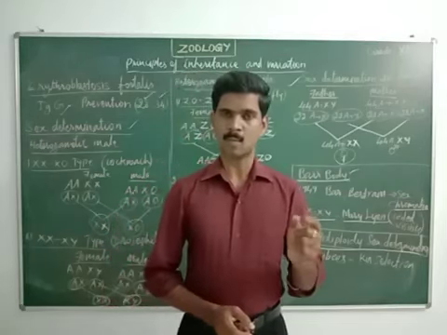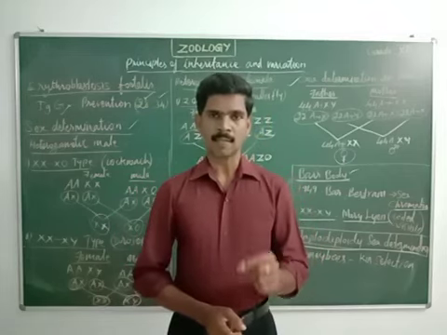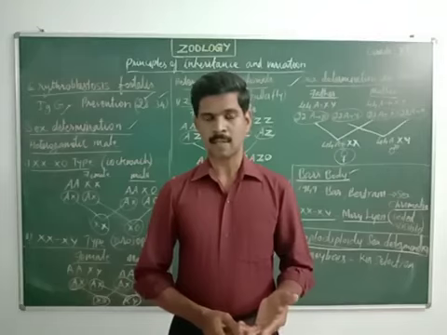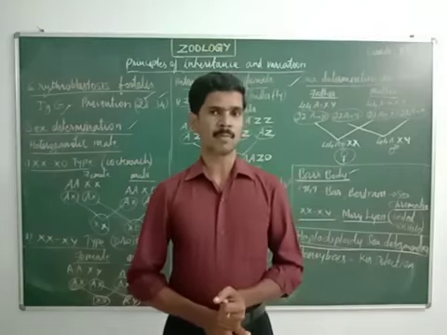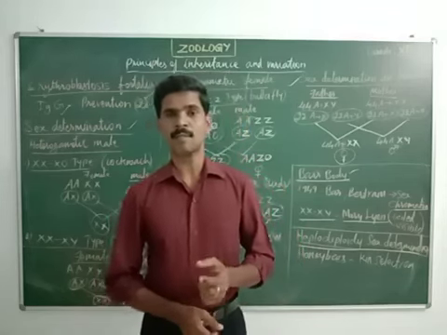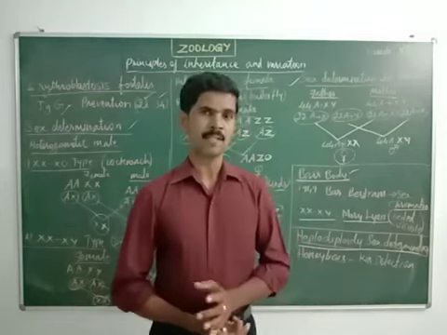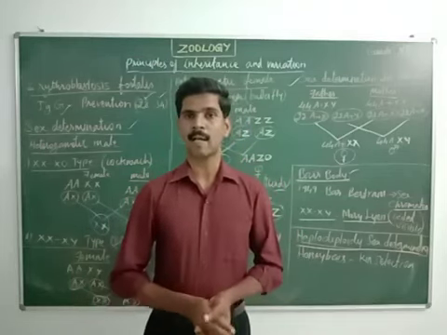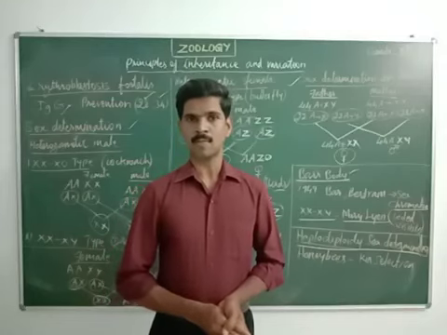So the worker bees and the queen bee are developed from the fertilized egg by the sexual method of reproduction, and the drone bees are developed from the unfertilized egg by parthenogenesis. Hope you understood this part.